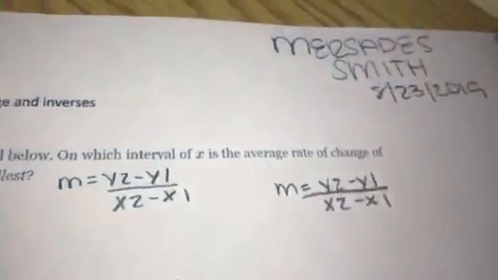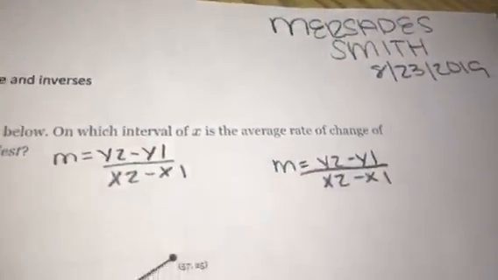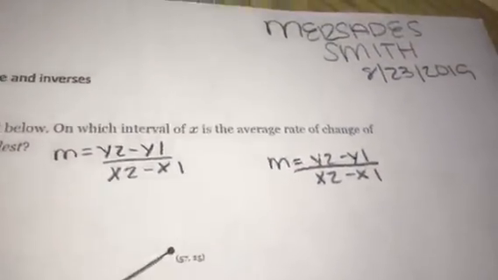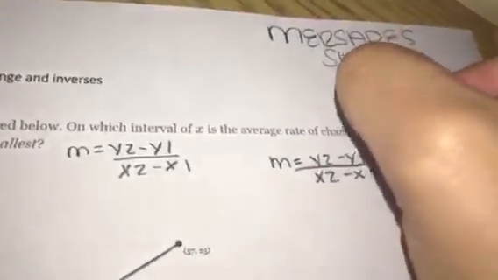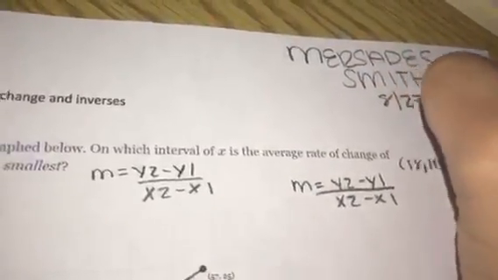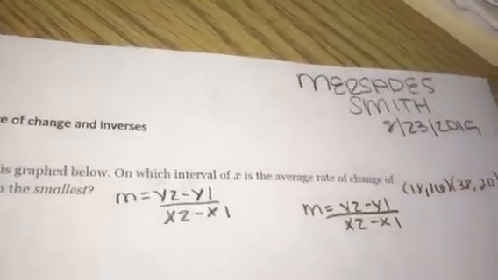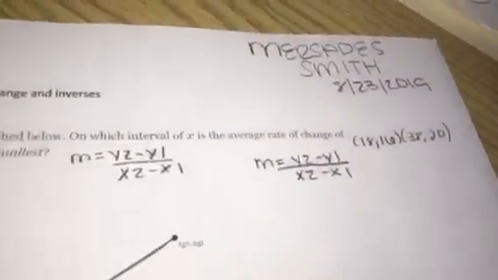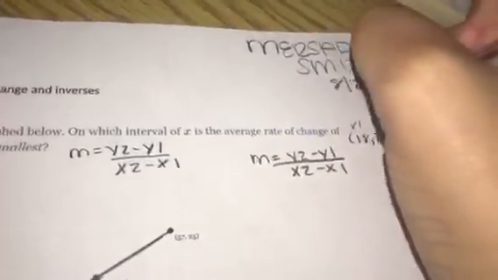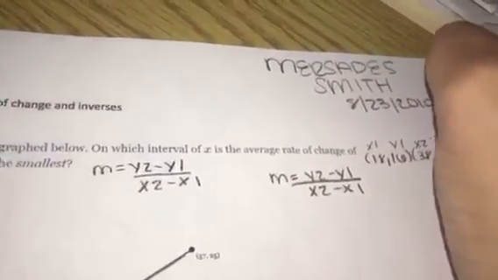Okay, so from 18, 16 to 38, 20, we'll go over here to have some more room. So we have m equals y2 minus y1 over x2 minus x1. Writing our points, 18, 16 and 38, 20, we have x1, y1, x2, y2.